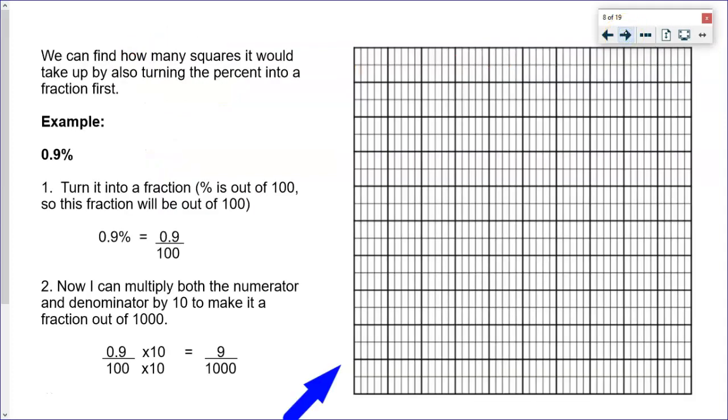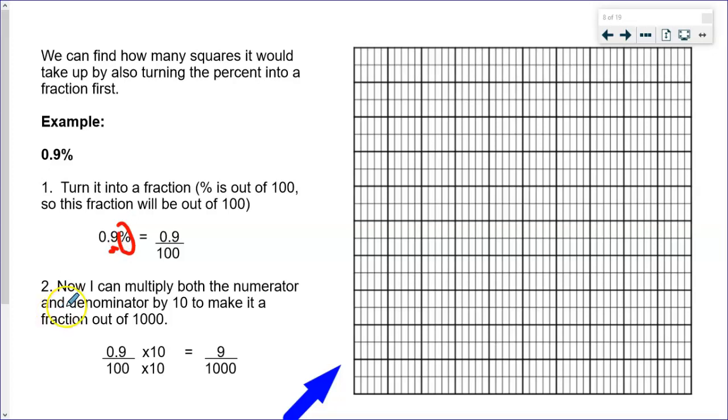All right, so let's do this. We can find how many squares it would take up by also turning the percent into a fraction first. So given 0.9%, turn it into a fraction. Hopefully we can just sort of jump to this step eventually. We know this is the 10th spot, as I said earlier, so 0.9 over 100, because we're talking about percent again.